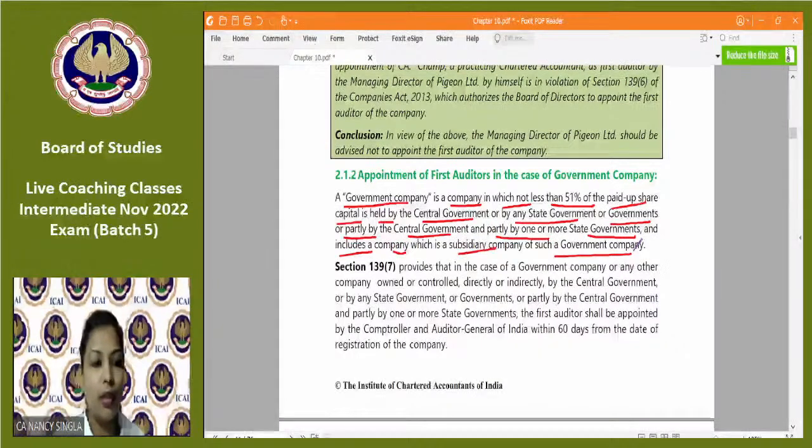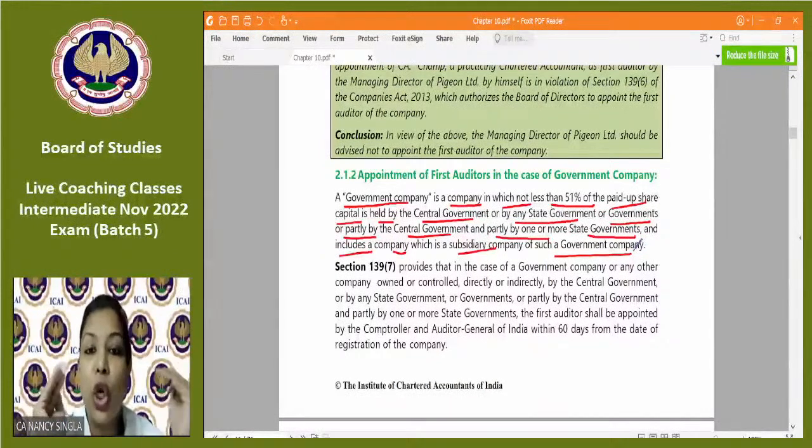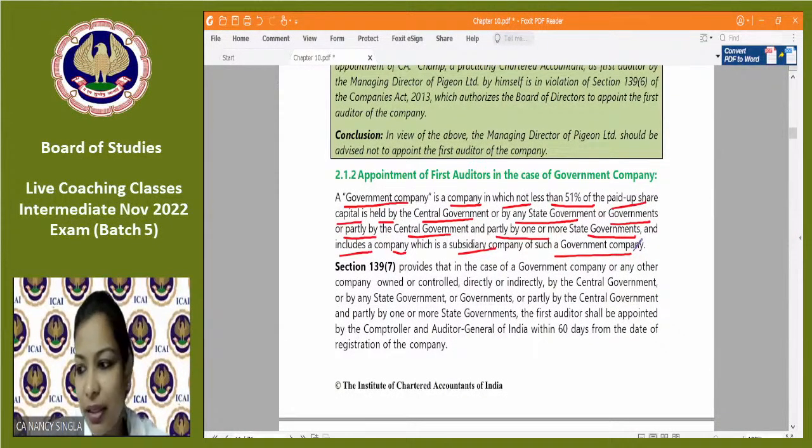Simple. A government company is a company in which not less than 51% of the paid up share capital is held by CG or SG or SGs, or partly by CG or partly by one or more of the SGs, and includes subsidiary of the government company. Simple, fair enough. So this is what a government company is.